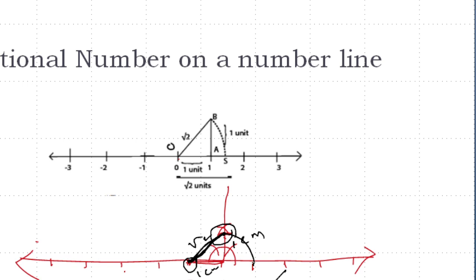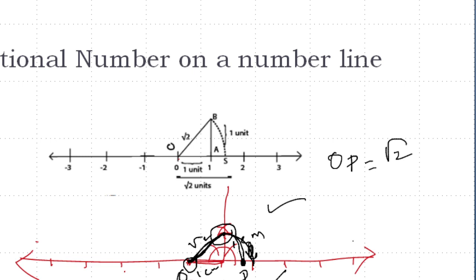Now this is, for example, P, and this is 0, for example O, then OP equals √2. Okay, so this is the way to represent any irrational number.